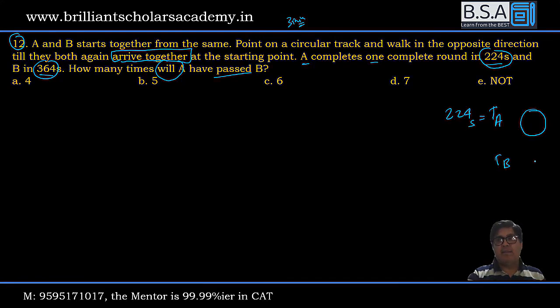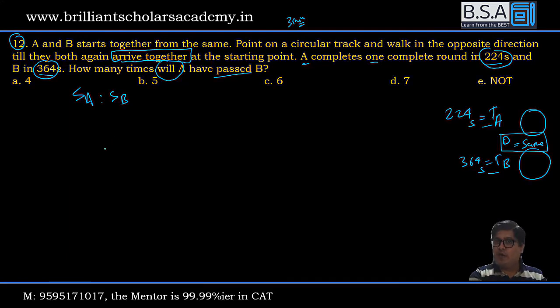Time taken by B to complete the same circle, wording is same circle, is 364 seconds. Because it is the same circle, the distance is the same. Whenever the distance is the same, speed and time are inversely related. So the speed ratio of A upon B will be the reversal of time.